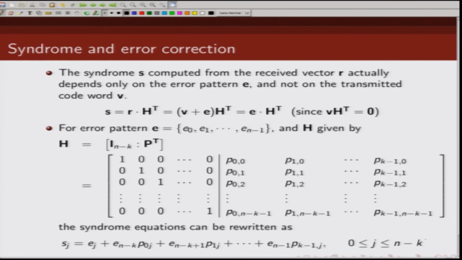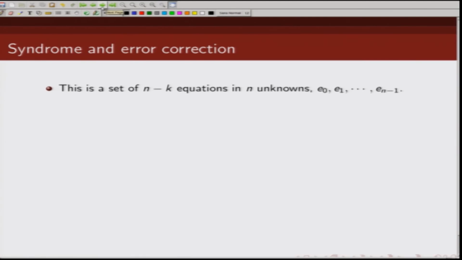So, these are basically your n minus k syndrome equations. So, to recap what we have said so far, for error detection we need to compute the syndrome, and if the syndrome is non-zero, that means an error has occurred.